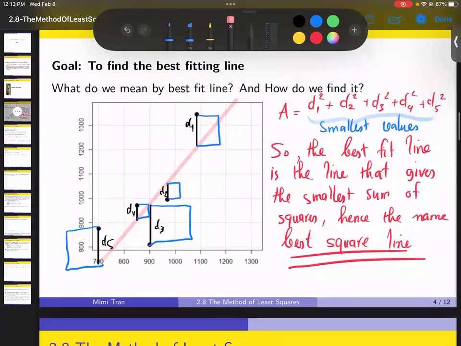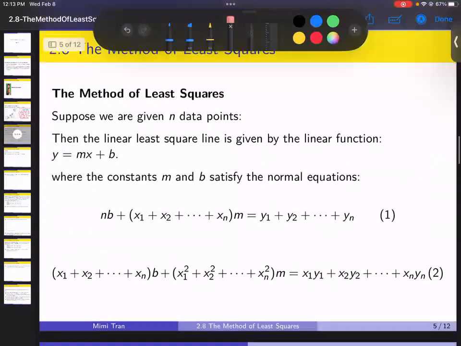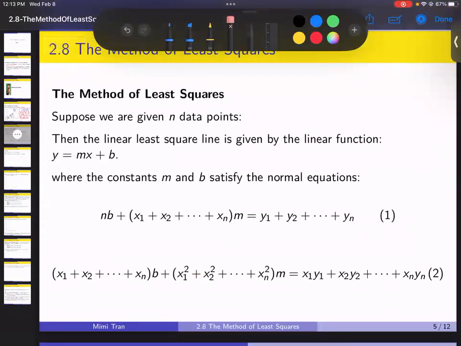Now, how do I find this best line? Very simple, really. Suppose you are given n data points. This has to be given. You're not guessing it.